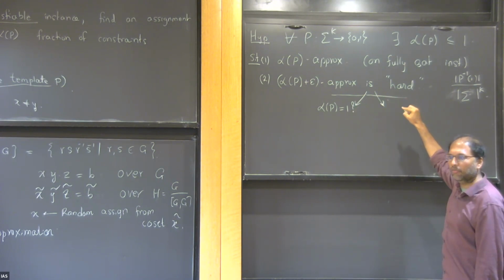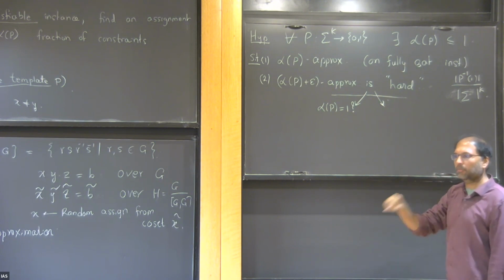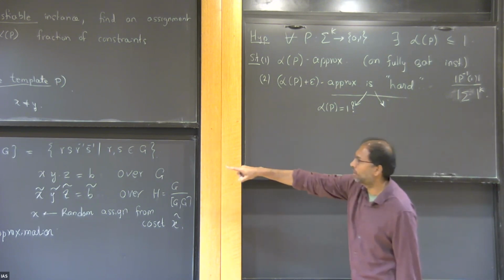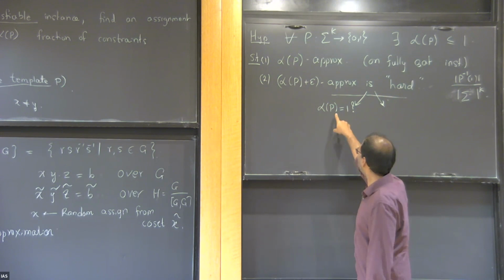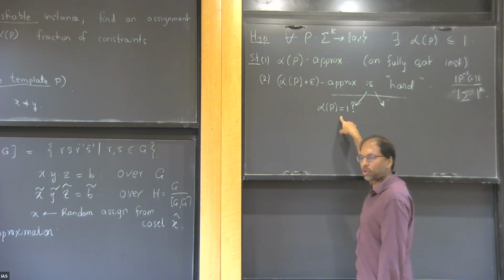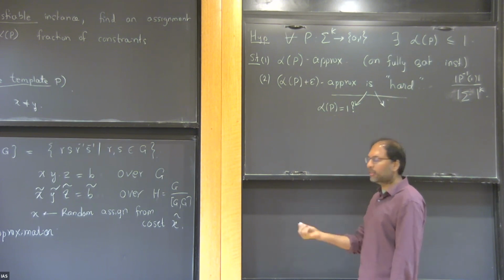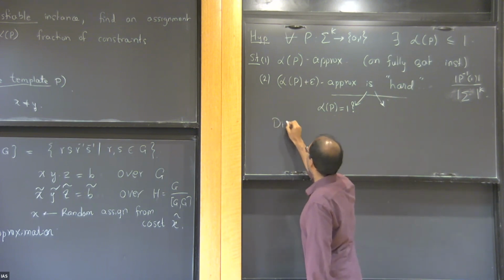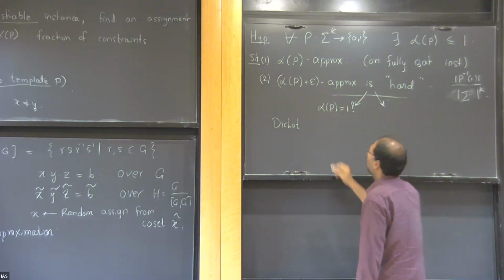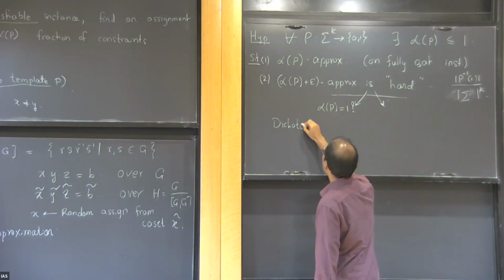Given a satisfiable instance, can you find the satisfying assignment to begin with? For example, for 3-Lin over an abelian group, this threshold is actually 1. So determining whether this threshold is 1 was itself a very big open problem, and this was recently resolved.